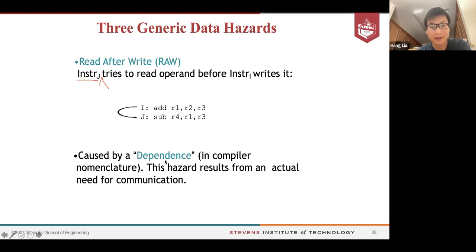This is caused by a dependency in the compiler. This hazard results from an actual need for communication. We really have to do that, basically.